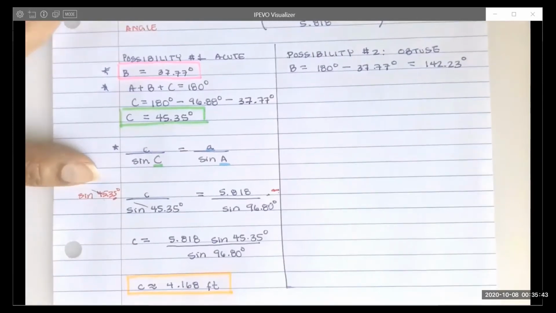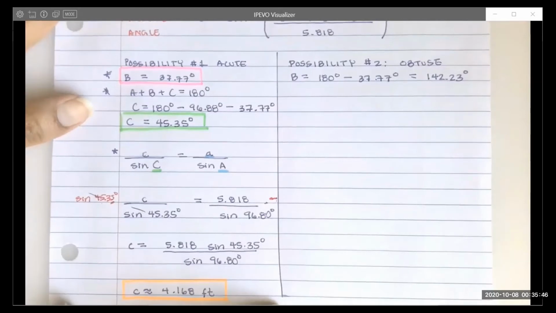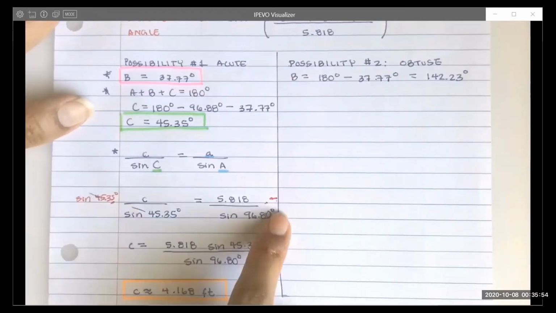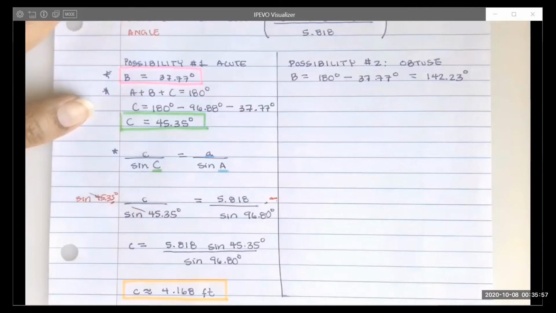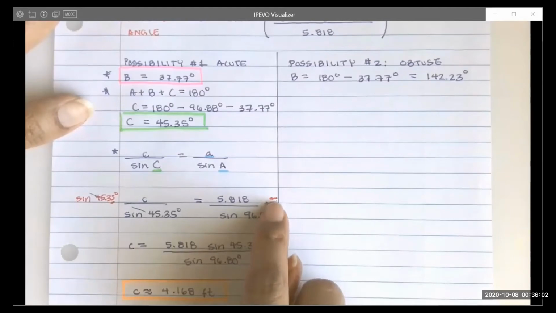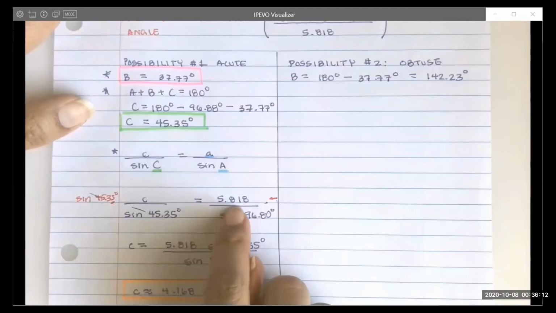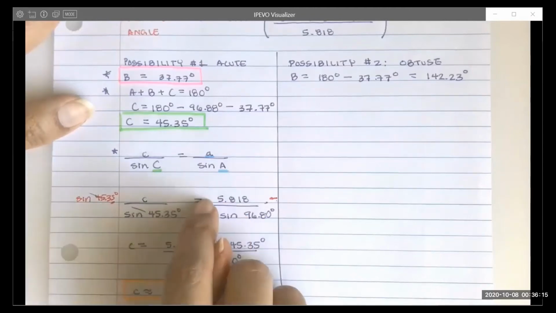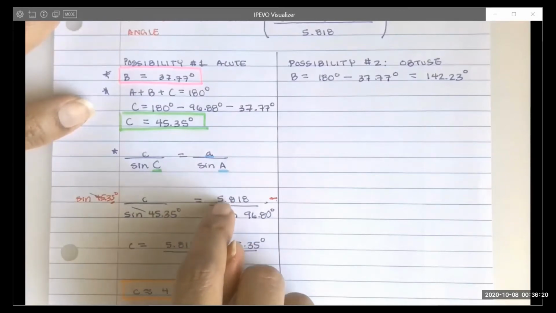All right. You guys have any other questions? For how you multiplied sine of 45.35 on each side, is it always on the right side where you put the 3 dots? Since that would be sine 45.35, every time you do it in that way, would you just simply input that next to the 5.818? You could write it like sine 45.35 times 5.818.